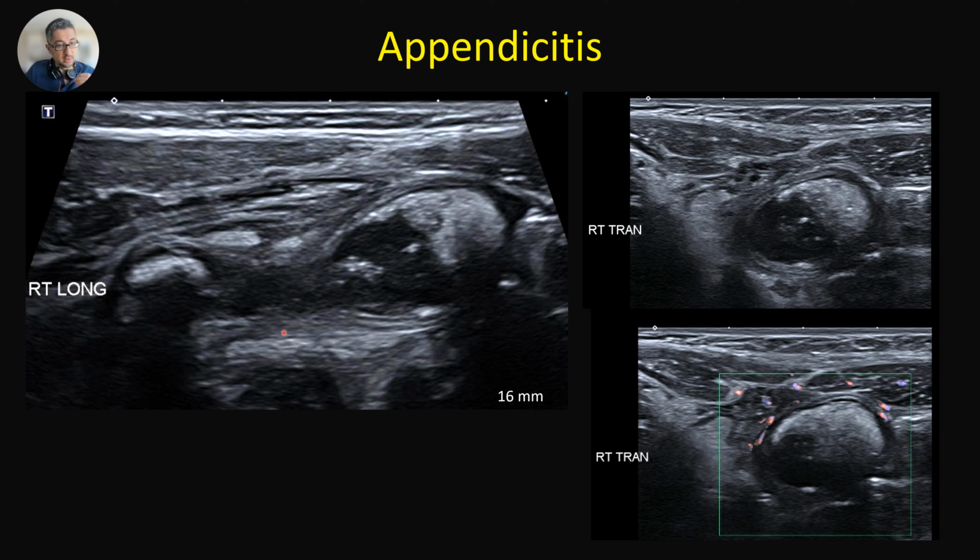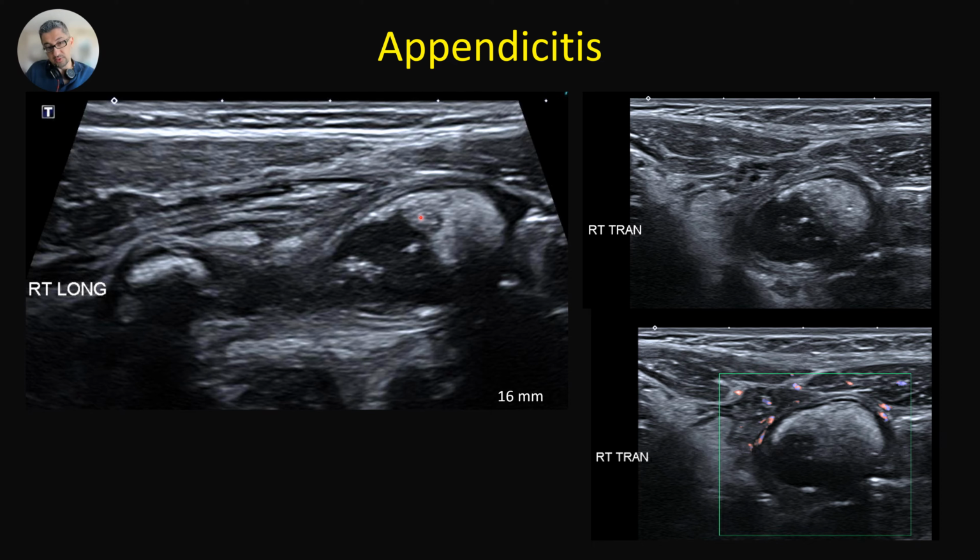Another appendicitis, this is also huge. This is the base, this is the tip of the appendix. There is a fecalith with posterior acoustic shadow with sharp lateral margins, and it looks obstructive. It's occupying the full lumen, and it's not mobile.